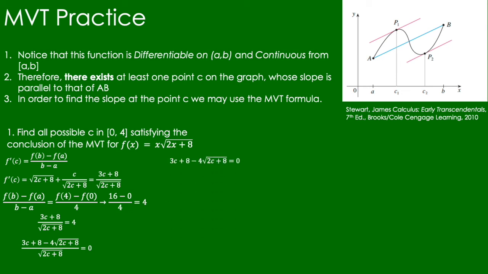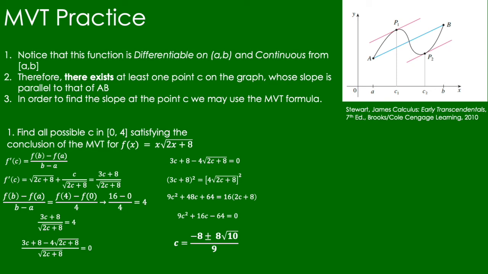Then if we simplify and set the numerator equal to 0, since the denominator can never be 0, we can move over the 4 and square both sides. And then we'll be left with this, which we will distribute the 16, and then combine like terms to set everything equal to 0. Now we can use the quadratic formula, and we'll have the two C values that correspond with the MVT formula.